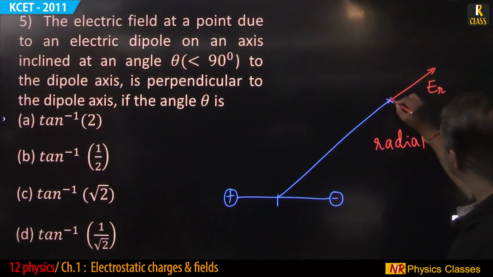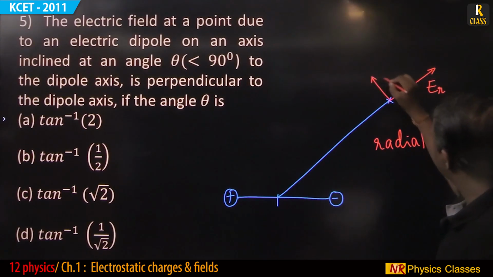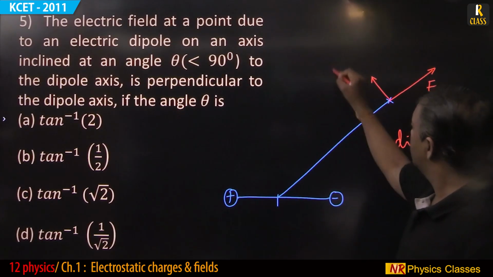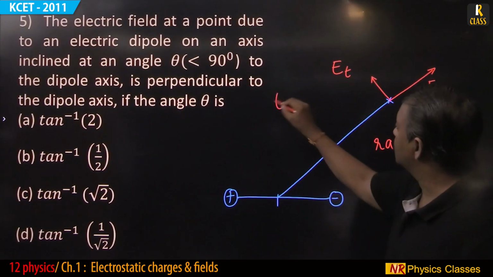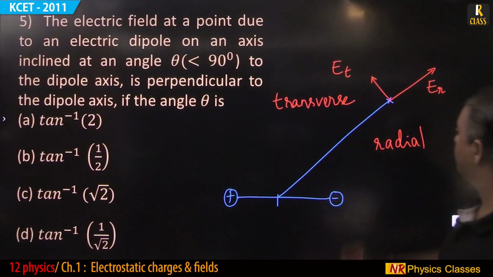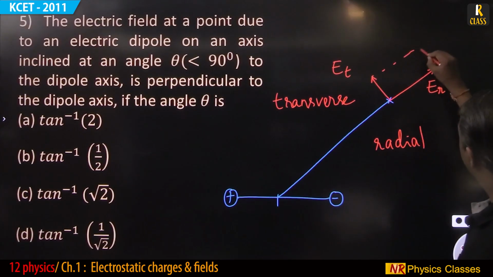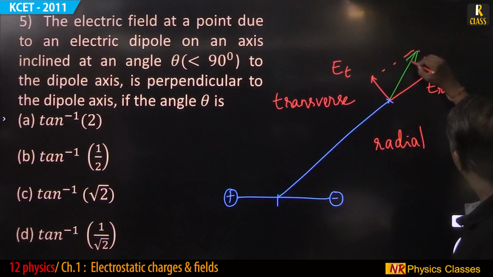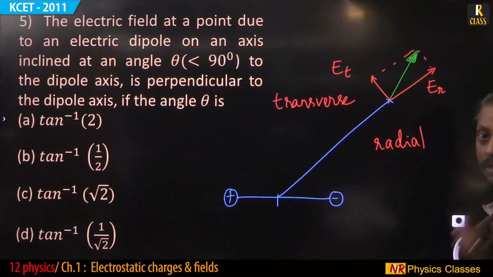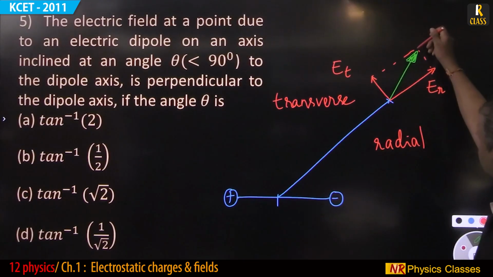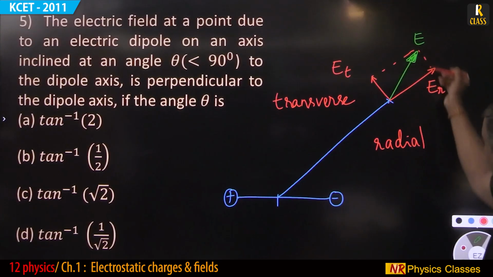And perpendicular to this, another axis. Since it is perpendicular to radial, call it transverse component, ET, transverse. Complete the parallelogram. This is the resultant electric field. Now, reverse explanation. Because of these two, this is the resultant electric field E. Resolve this into two components.